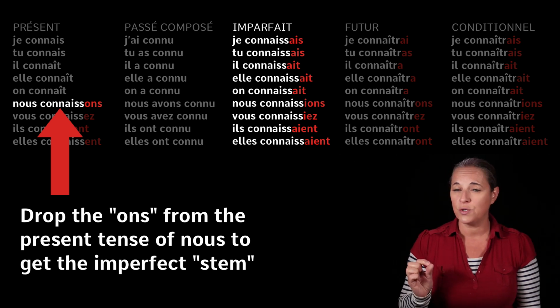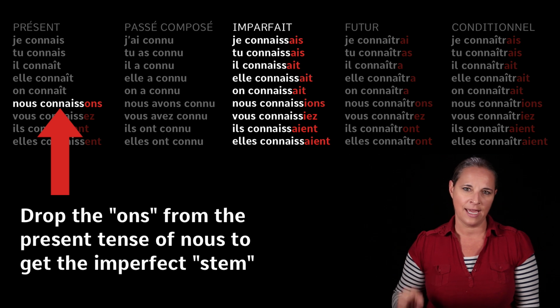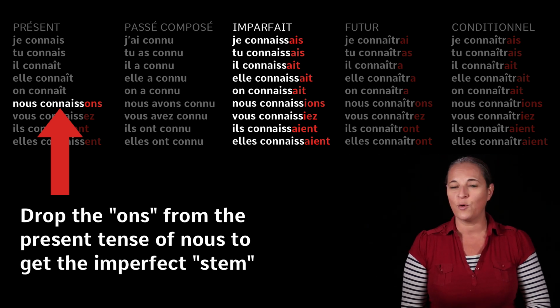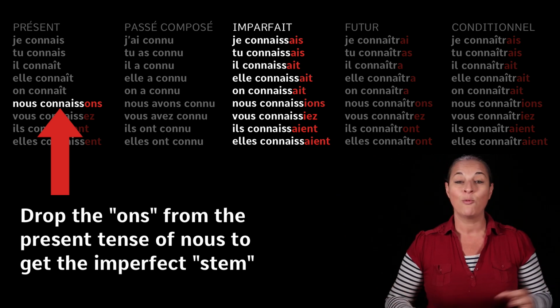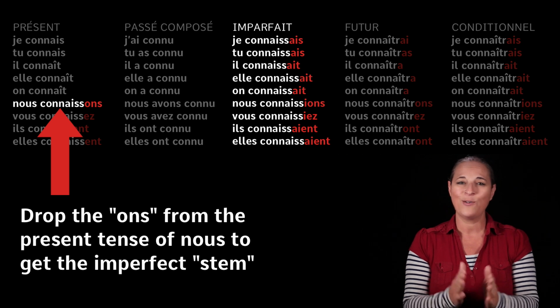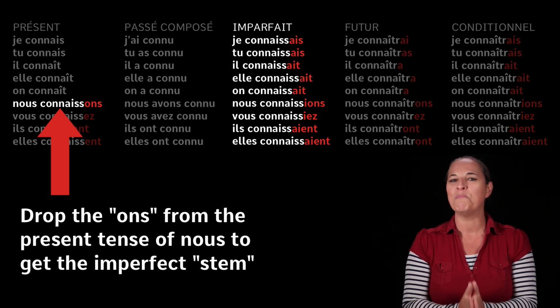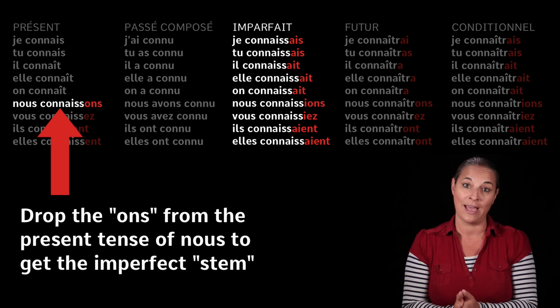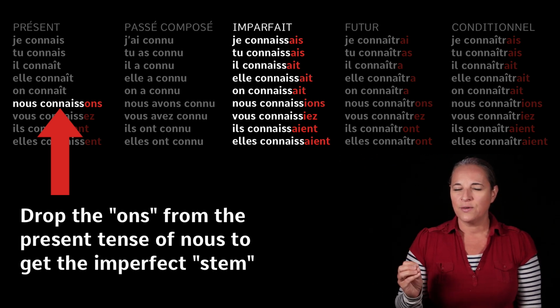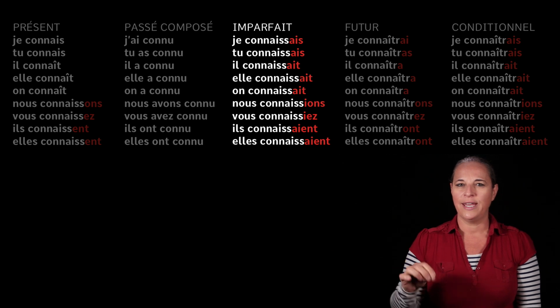And then you add the imperfect endings. Again, if you're not familiar with the imperfect endings and if you're watching this video out of the blue without having followed my lessons, please refer back to how to conjugate a verb in the imperfect tense, okay? That will help. Now, I used to know, I was knowing, je connaissais.